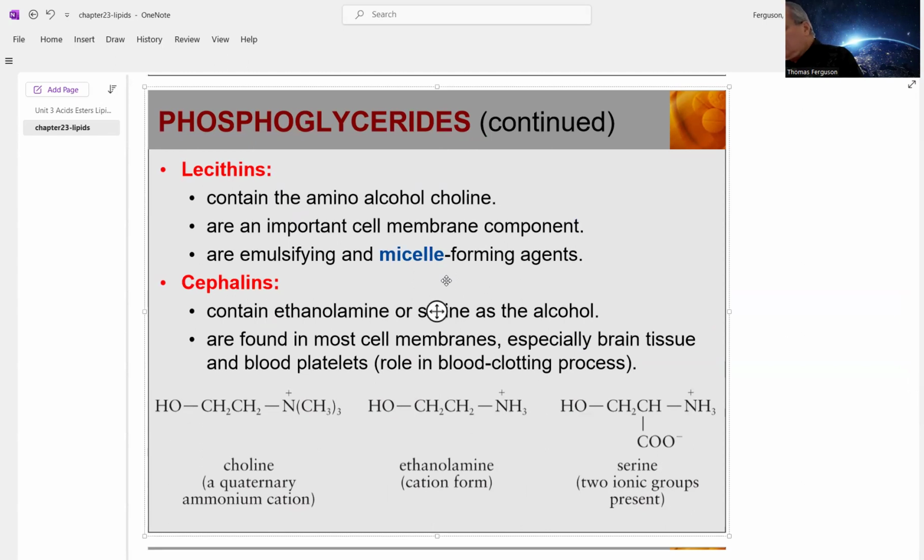So choline is very, very common in biological systems, and it's got an alcohol on one end and an amine group on the other end. The alcohol is the one that makes the ester.